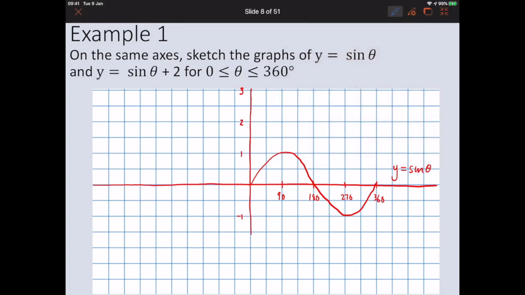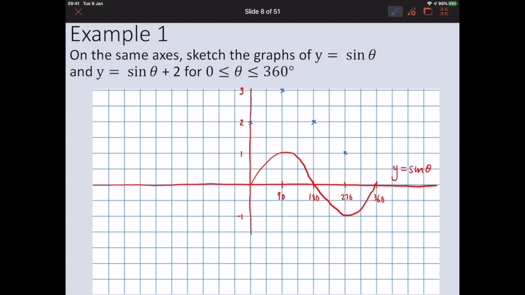Change colour. The plus 2, as I said, is going to move everything up the y-axis by 2. So this point here, (0, 0), goes up 2 and becomes (0, 2). The point (90, 1) becomes the point (90, 3). (180, 0) becomes (180, 2). (270, -1) becomes (270, 1).